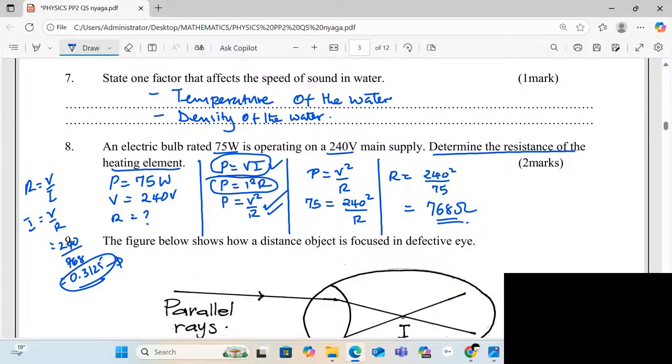Now let's have 0.3125 times 0.3125 times 768.